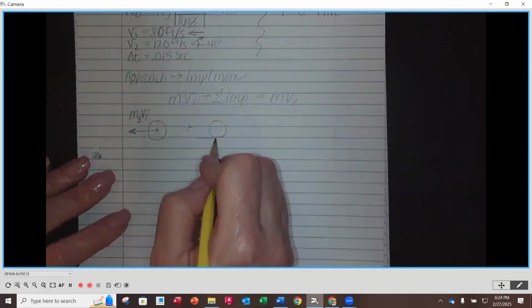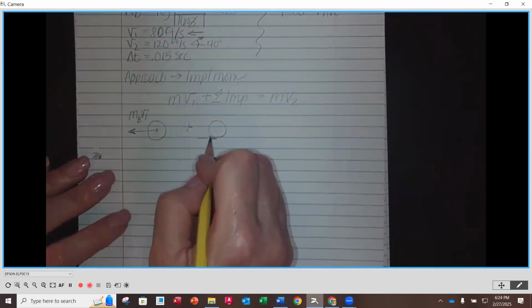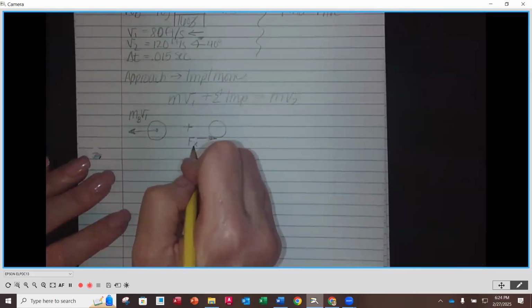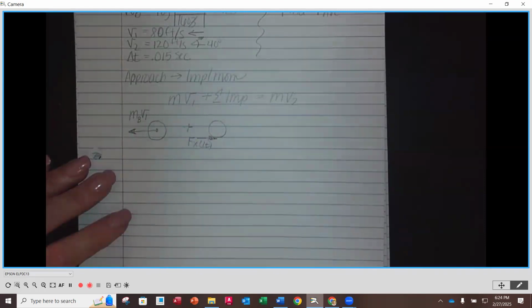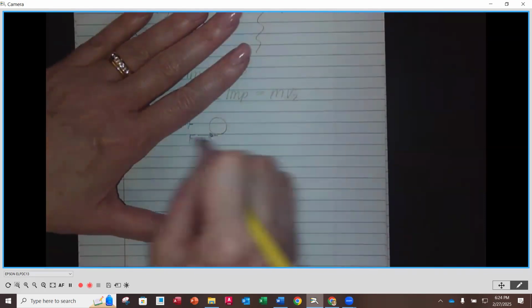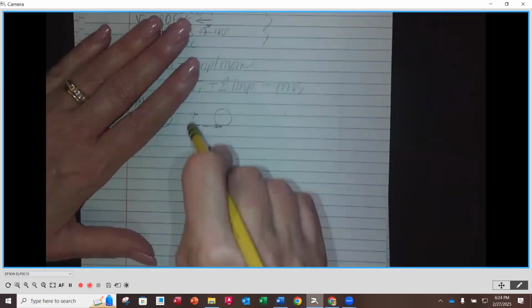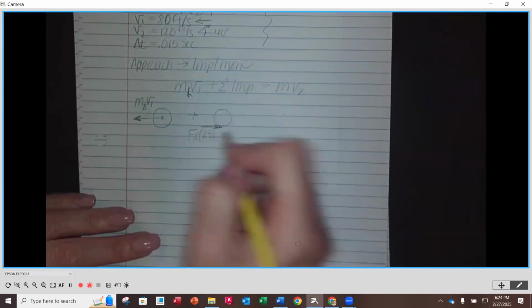Now, this is when the ball is hitting the bat. So the ball is going to experience a force in the x direction times the time that force is on there. Let me make that a little bigger. So this is force in the x direction, Fx, times the change in time.